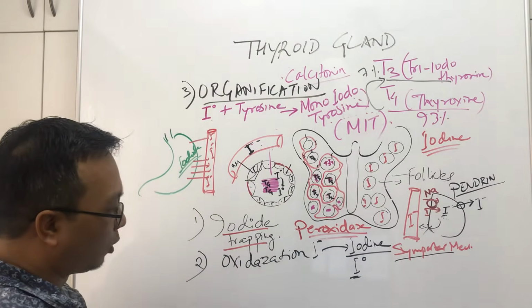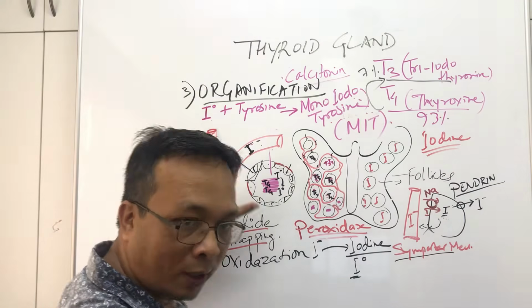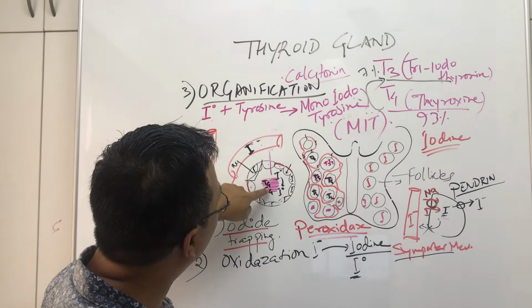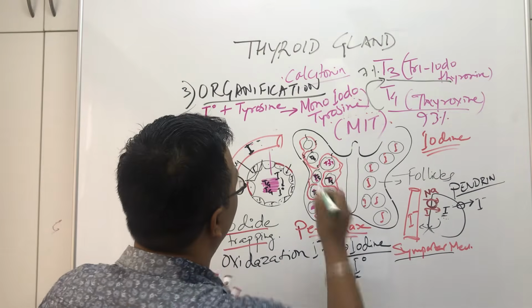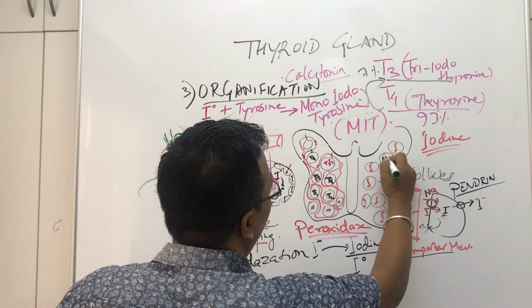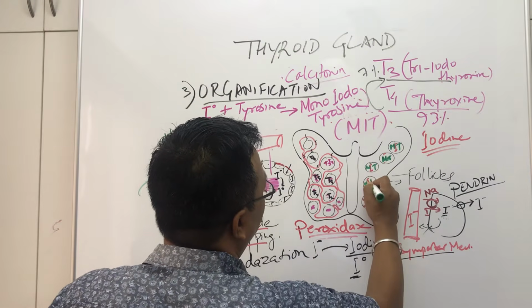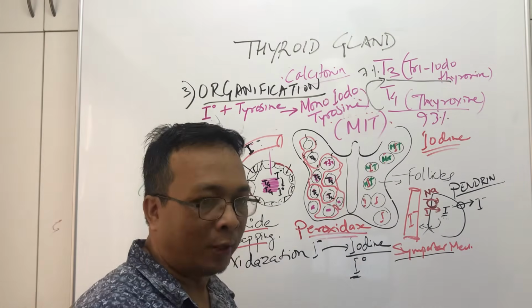So the third step is organification. In organification, iodine combines with tyrosine of thyroglobulin and forms MIT. Now we have plenty of MIT formed here. MIT means one iodine and one tyrosine, monoiodotyrosine.